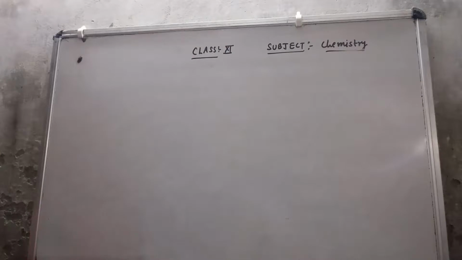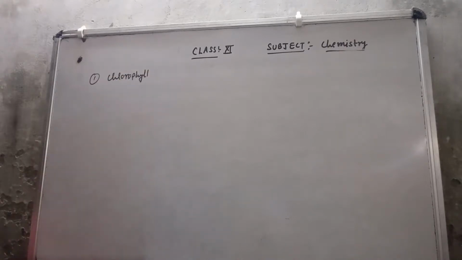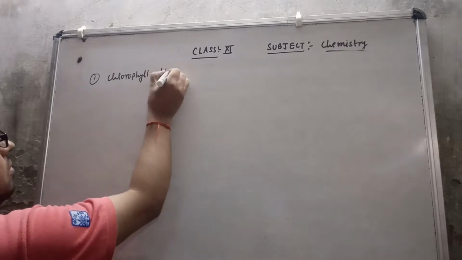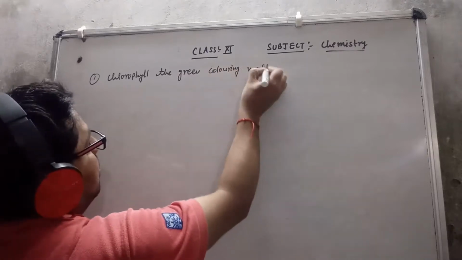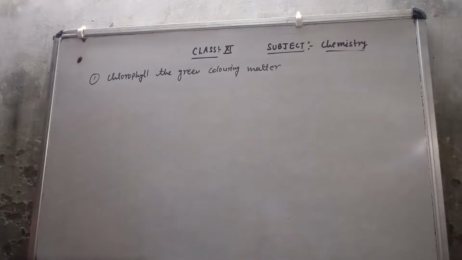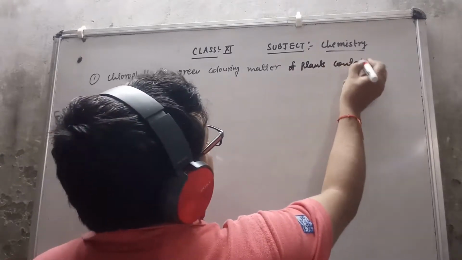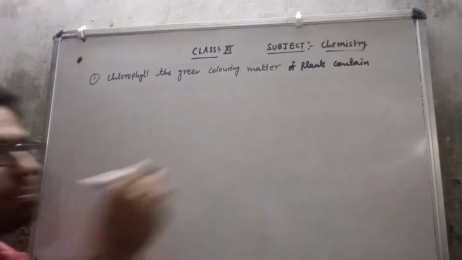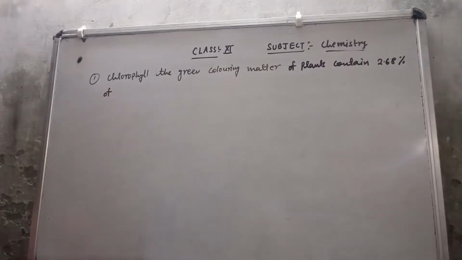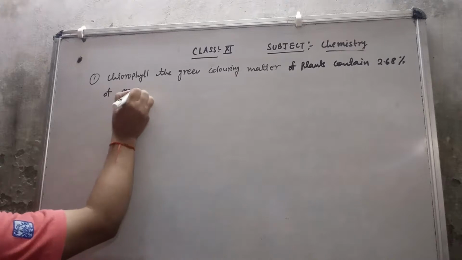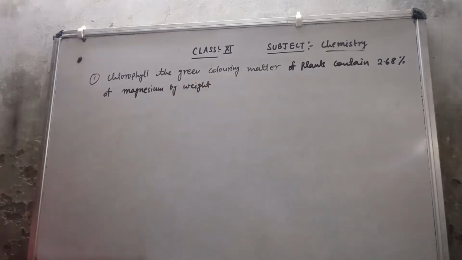Suppose I am having here a question on chlorophyll. Question is there: chlorophyll, the green coloring matter of plants, contains 2.68% of magnesium by weight.